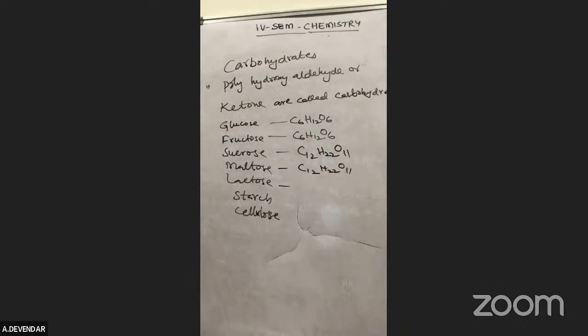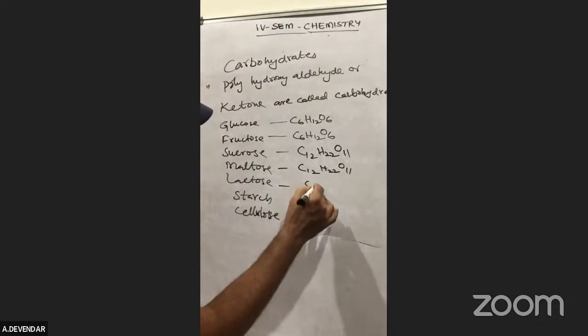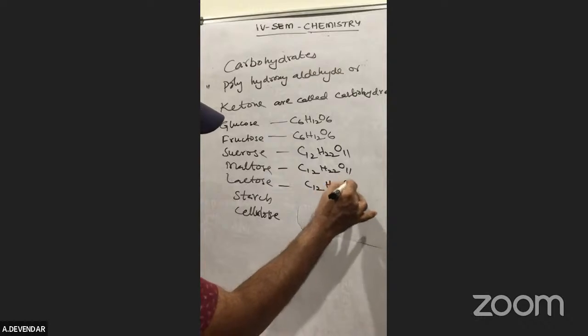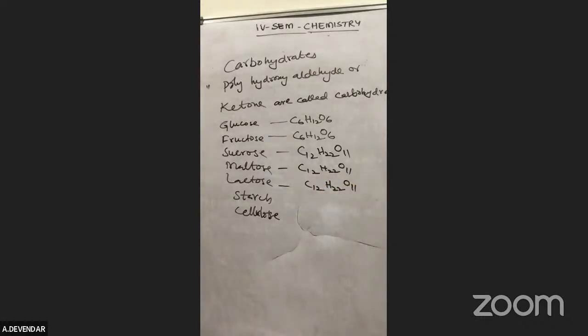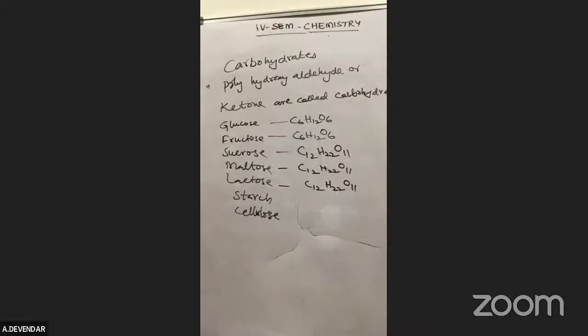Lactose, where is it obtained? We don't know, but you are drinking it. Milk consists of lactose. The formula is C12H22O11. Starch, do you know starch? It is present in potato, sir. Also in rice.